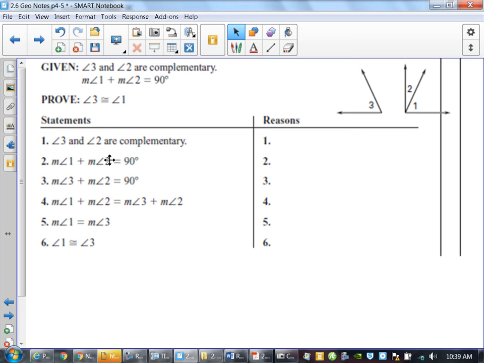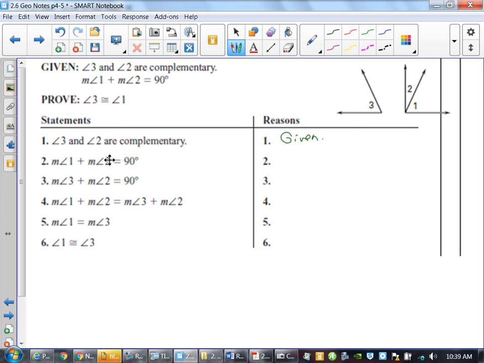Well, in this case here, we have angle 3 and angle 2 are complementary. That was given to us. According to our progression sheet, it says angle plus angle is 90 is what you would say after you're given complementary.